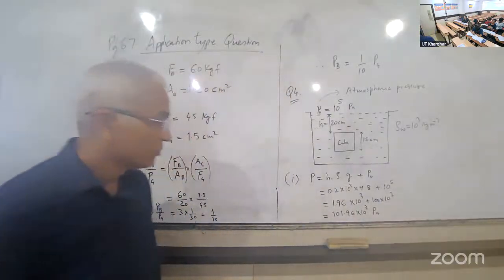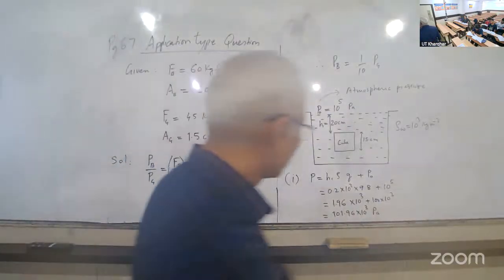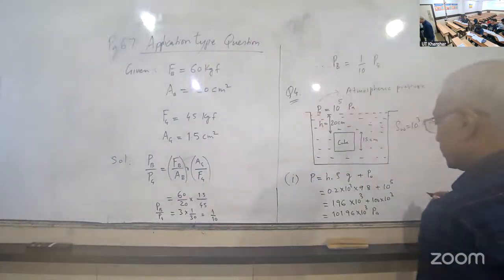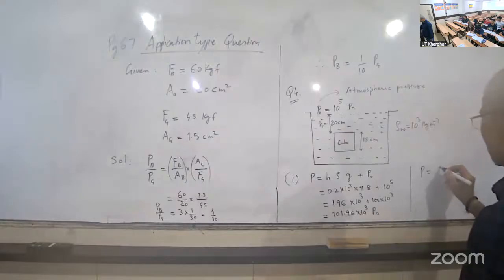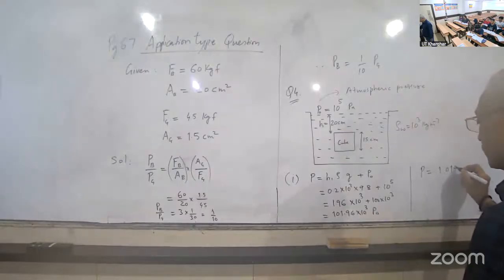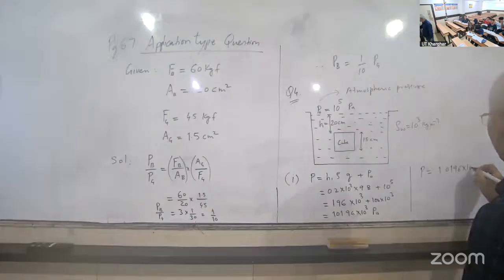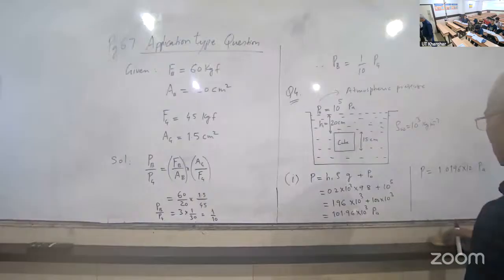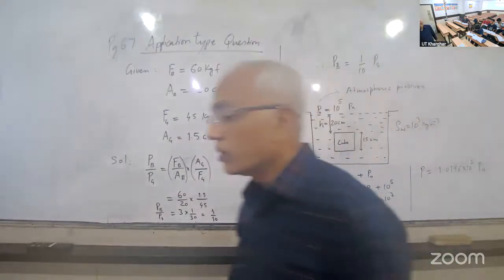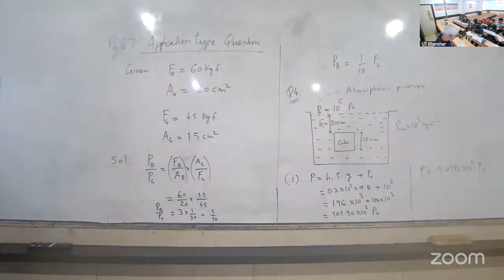So this is the answer, 101.96, or you can write it as plus 10 raised to 5. So I've shifted the decimal by 2 places to the left.